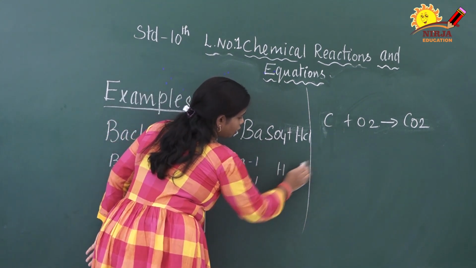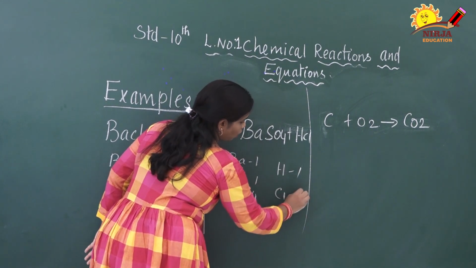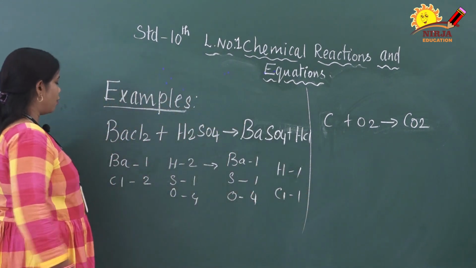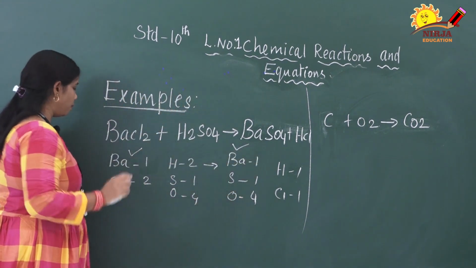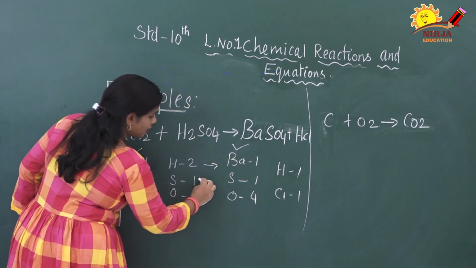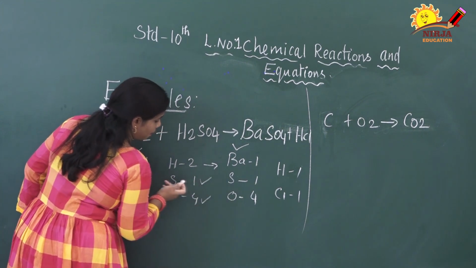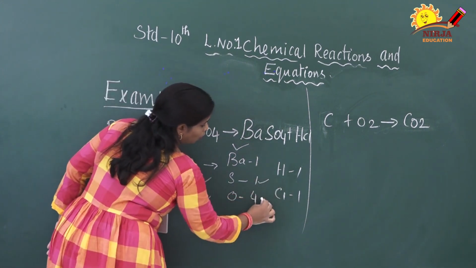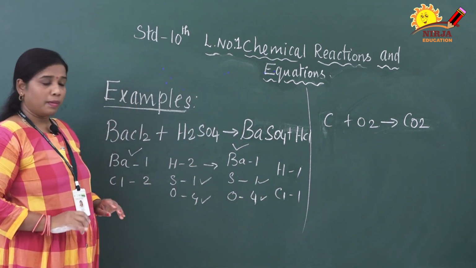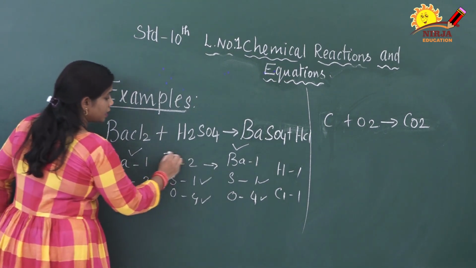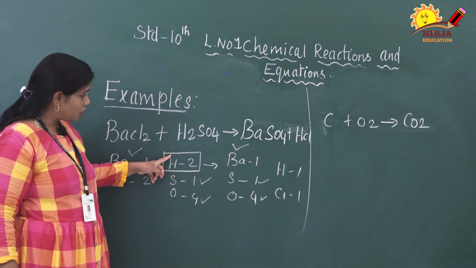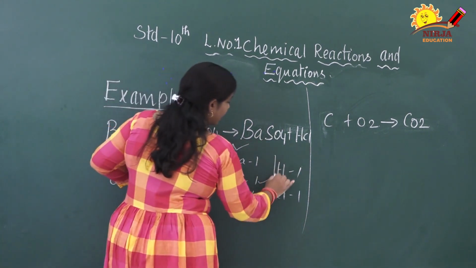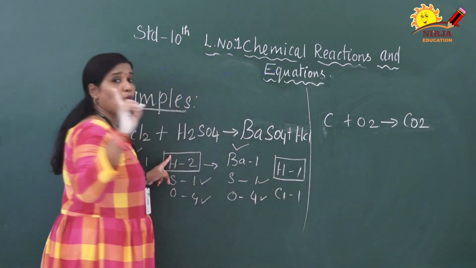HCl also, H is 1, Cl is 1. Now we have to see barium 1, this side also 1, no problem. Then here sulfide and oxygen combined 1 plus 4, 1 plus 4, no problem. But here you see this hydrogen is 2, H2 is here, but we are getting hydrogen is this side only 1.